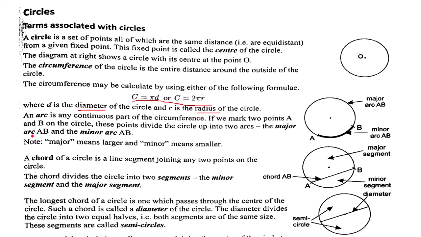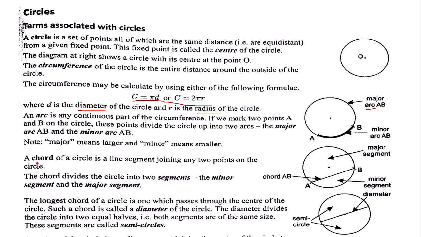Some other parts of a circle: the arc. The arc comes from the circumference, and we have a minor arc which is smaller in size and a major arc which is bigger in size. Those two are just parts of the circumference.